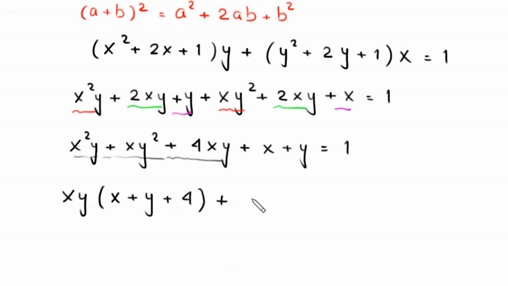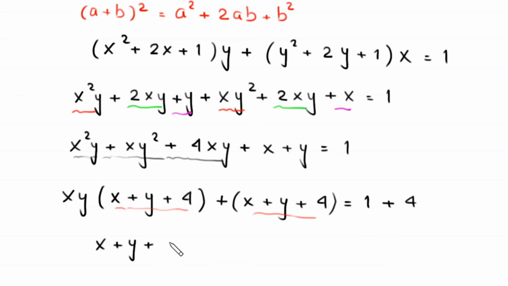Then this will become plus x plus y plus 4 equal to 1, and we also add 4 to the right hand side. Now we can use parentheses to make this a group, and from this expression at the left hand side we can factor out this x plus y plus 4. So x plus y plus 4 as common factor, and in bracket xy plus 1 equal to this 1 plus 4, which will become 5.